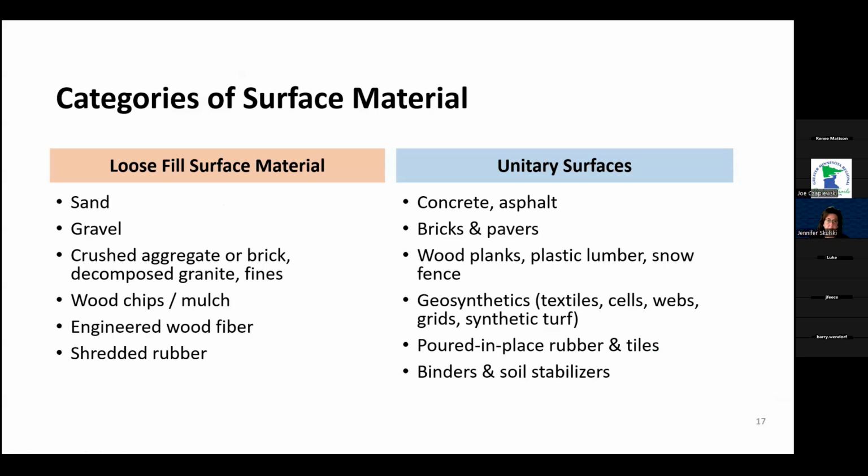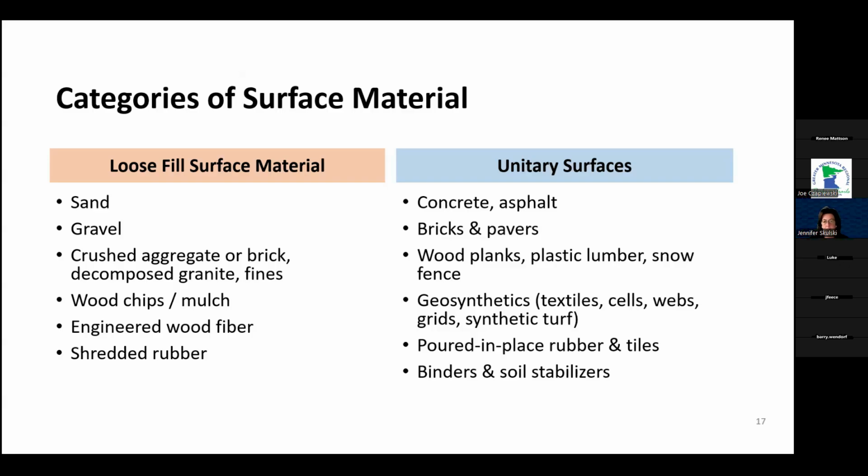Just because it's listed here does not necessarily mean it's accessible. For loose fill materials, you could have sand, gravel, crushed aggregate, brick dust, decomposed granite or fines, or crusher fines. You could have wood chips or wood mulch or engineered wood fiber, or even shredded rubber. Those are the different types of loose fill materials.